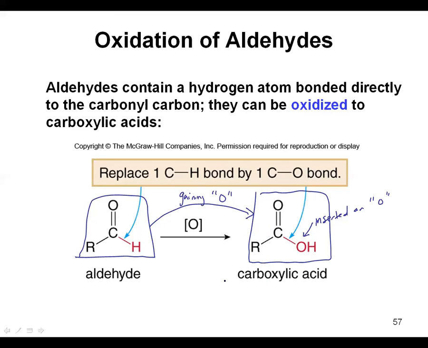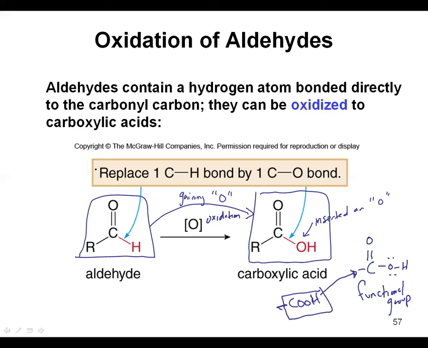Again, that O there means oxidation, and essentially we go from our aldehyde to a carboxylic acid, having that functional group that looks like this. You may also remember the primary alcohol.